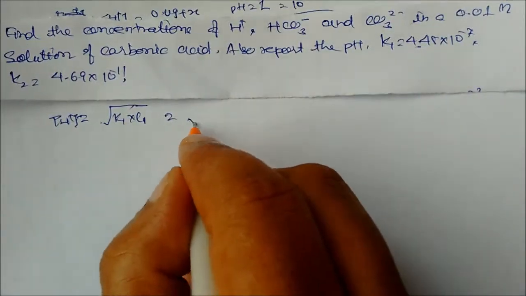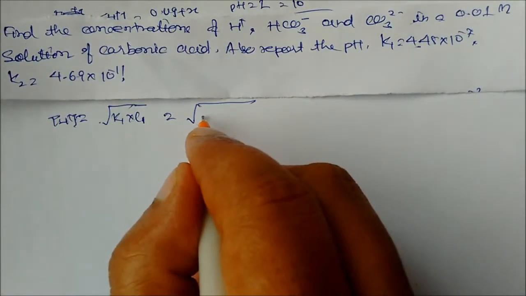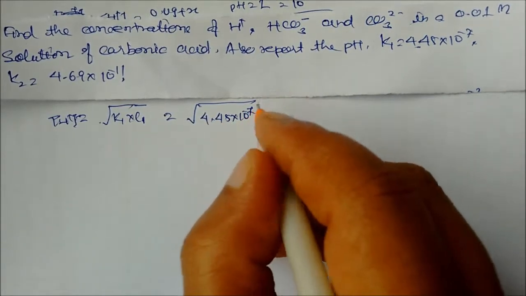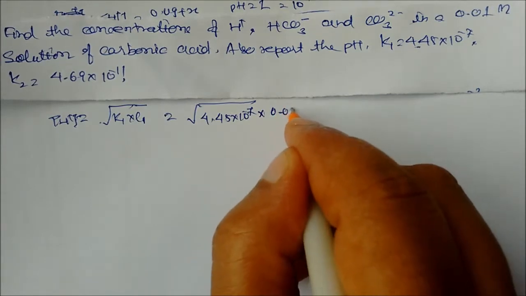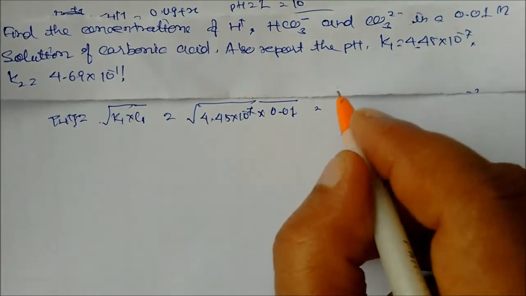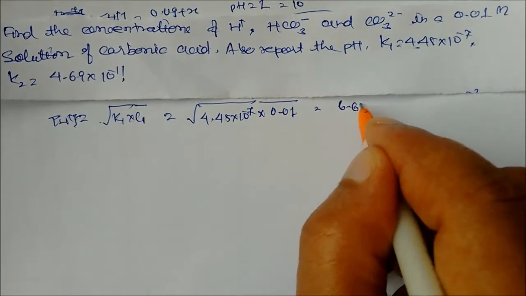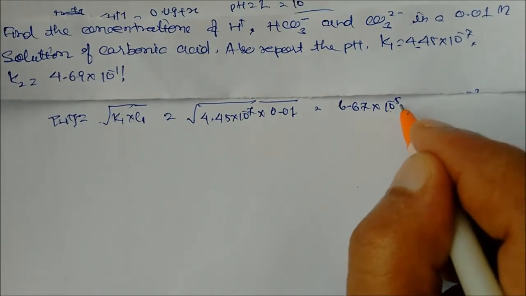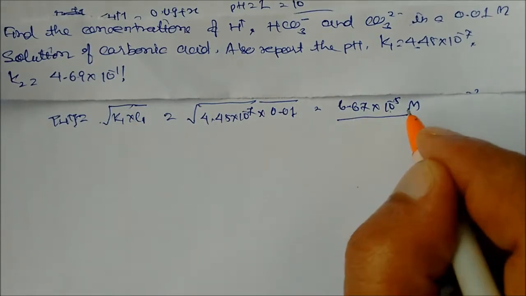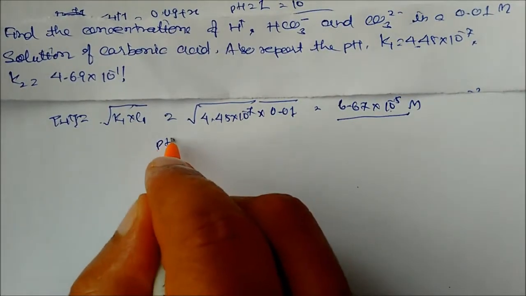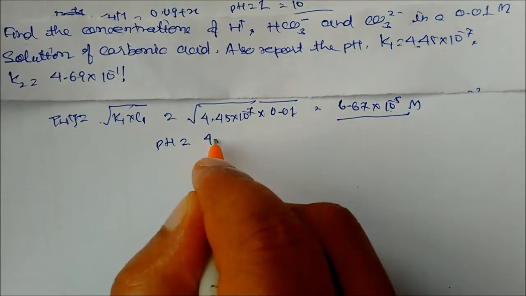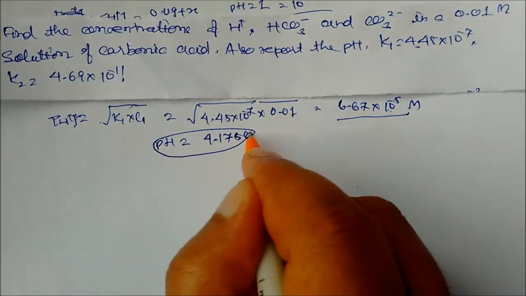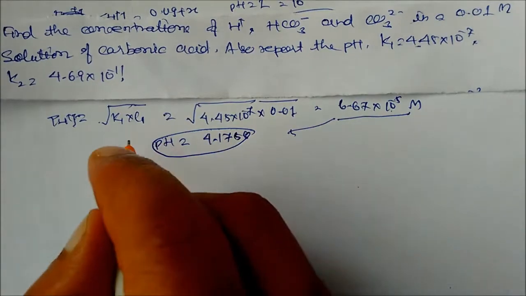So we can directly write the square root of 4.45 multiplied by 10 power minus 7 times 0.01. Here we get the answer 6.67 multiplied by 10 power minus 5 molarity. So this is the concentration of H plus. So definitely the pH of this solution is 4.1758. If you solve this, you will get it automatically.